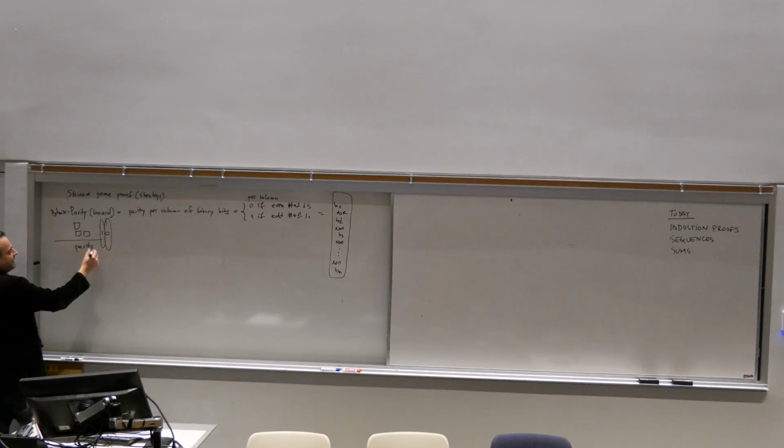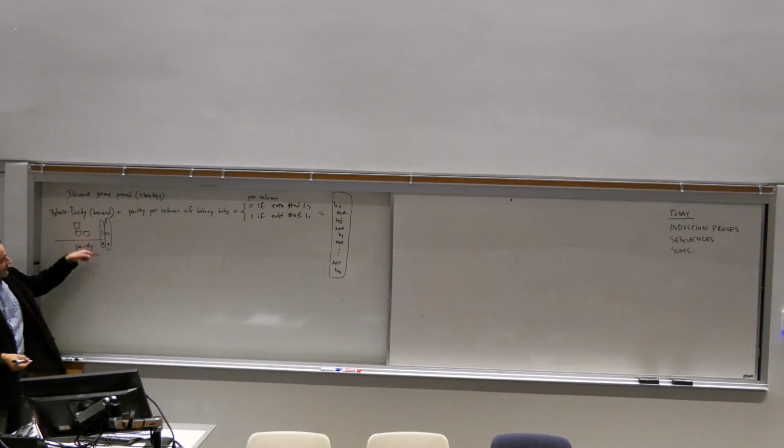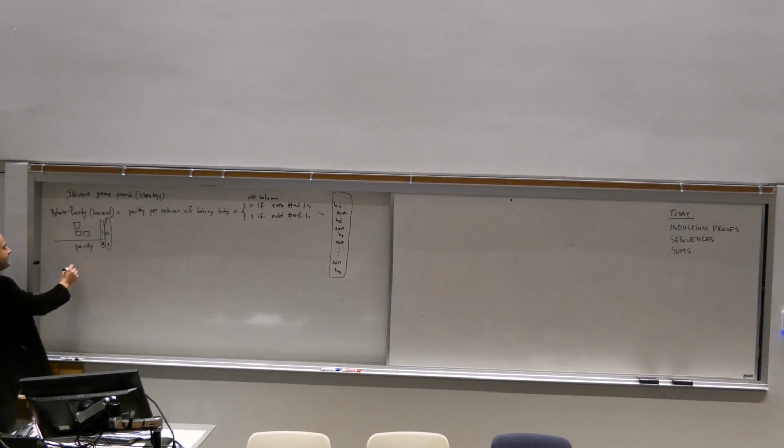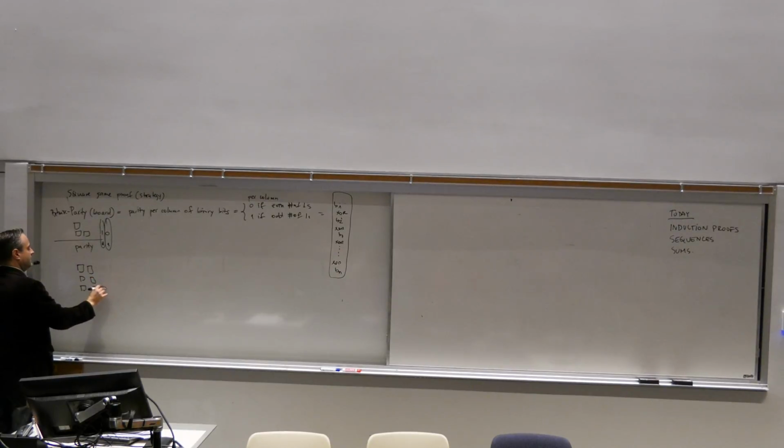So for this board, parity will be what? 1, 1, right? Because if you look at every column, there's a 1 on this column and there's a 1 on this column. How about this board? How is the parity going to look? What are the counts? 1, 0, 1, 0, and 1, 0, 0.